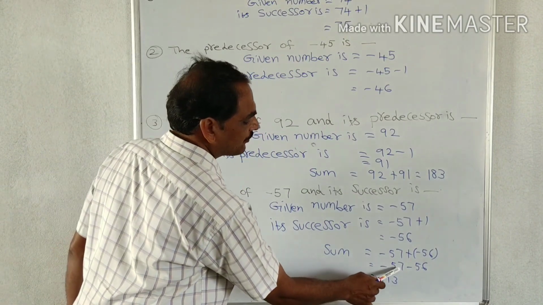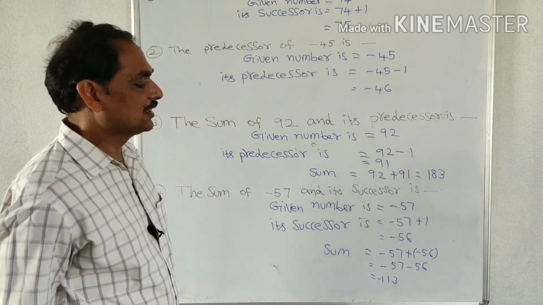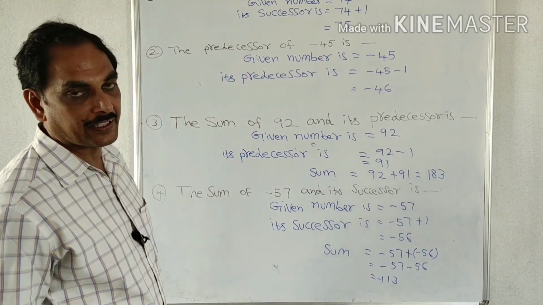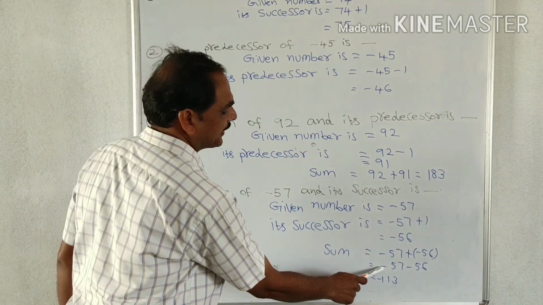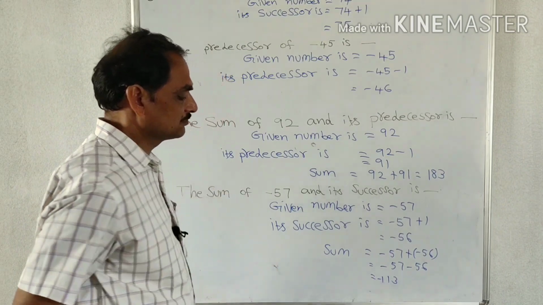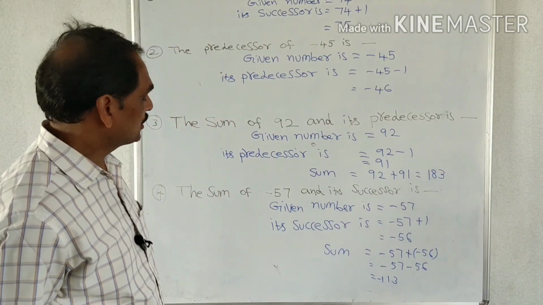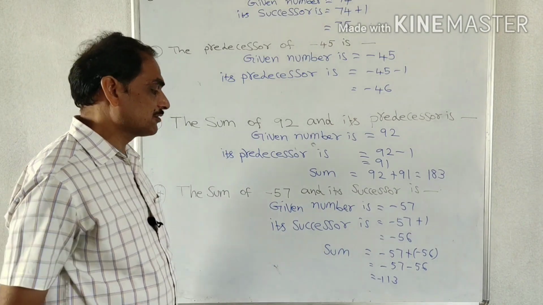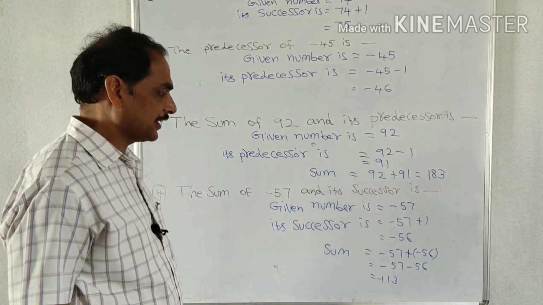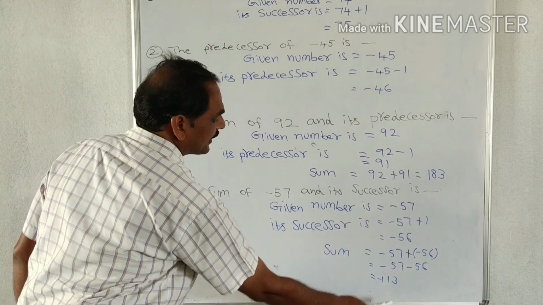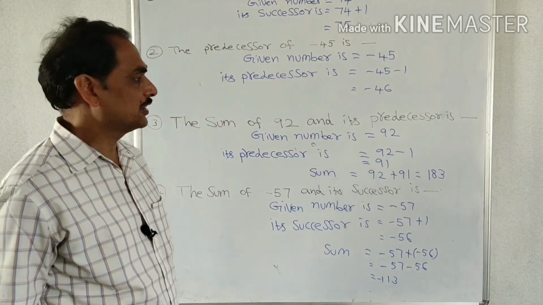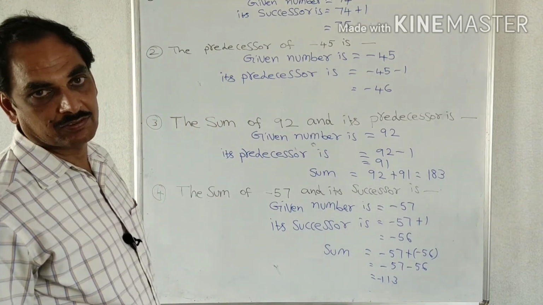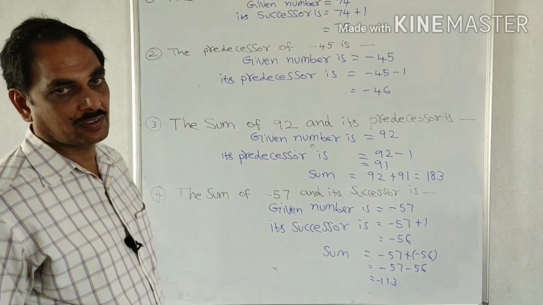When we add 57 and 56, we get 113, and the sign is minus. So the sum of minus 57 and its successor is minus 113.